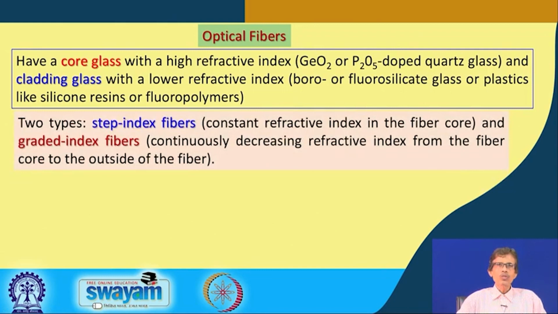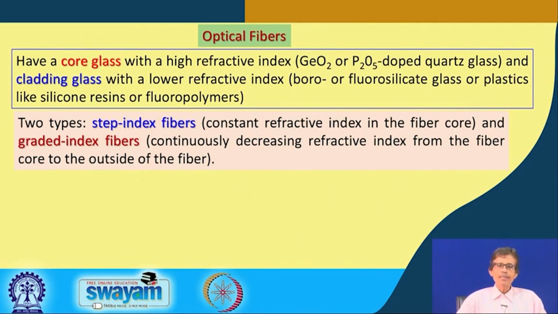So, we can have two steps basically for it. One is your step index fiber, and another is the graded index fiber. So, step index fiber, you change the index of your refractive index in a stepwise manner. So, constant refractive index in the fiber core.